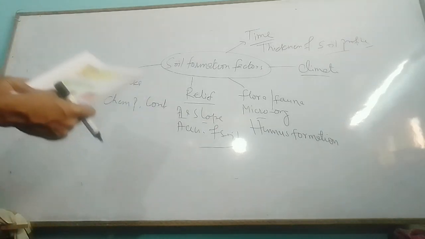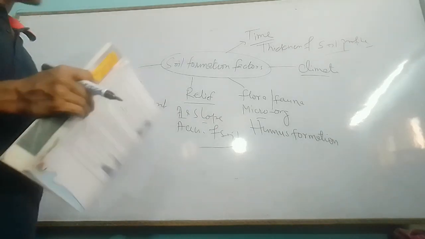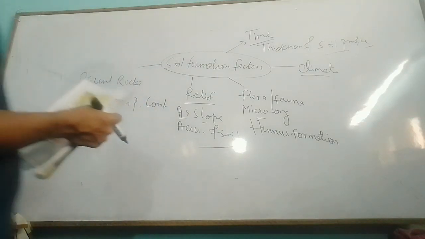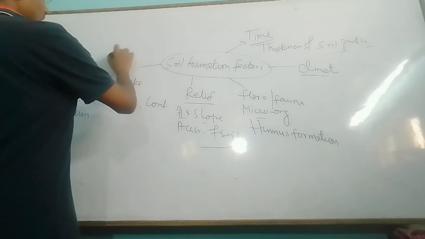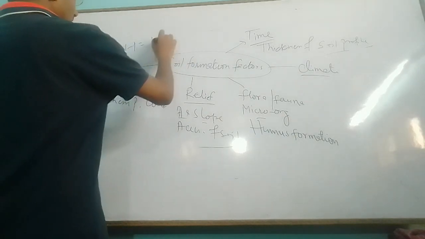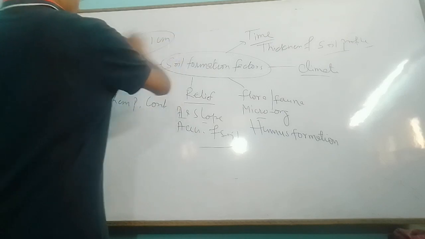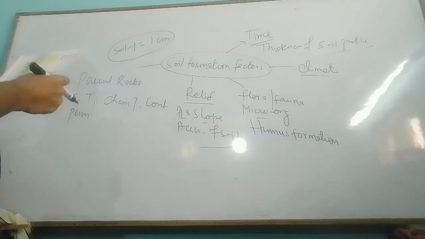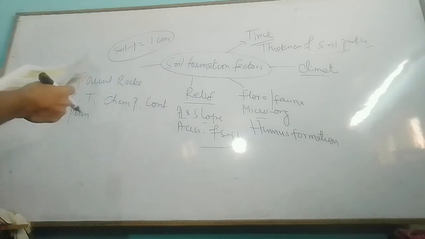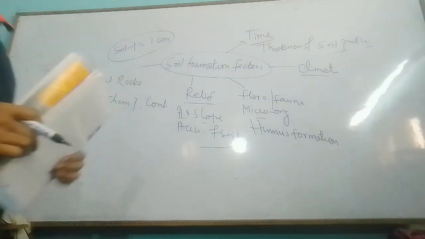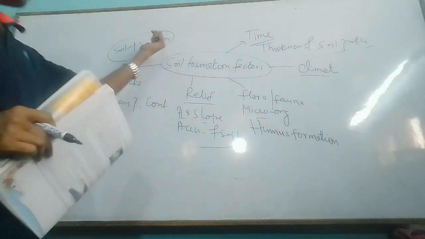So my dear friends, a 1 centimeter soil profile means a thickness of soil of 1 centimeter. It takes around 100 years to make just 1 centimeter of soil profile.